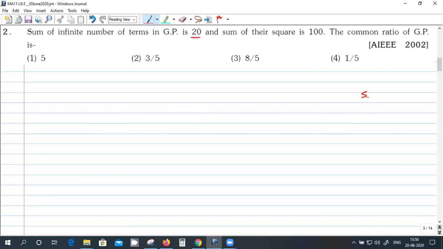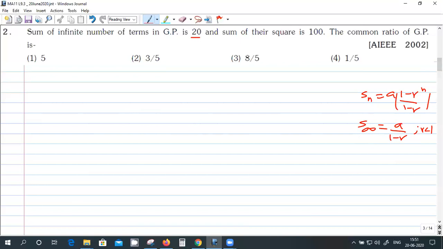See, the sum of n terms of a GP is A into 1 minus R raised to the power n divided by 1 minus R. So when n goes to infinity, unless R is less than 1, this value will not be finite. Since it has given a finite value, it means that R is less than 1. Then the sum of the infinite series will become A divided by 1 minus R.